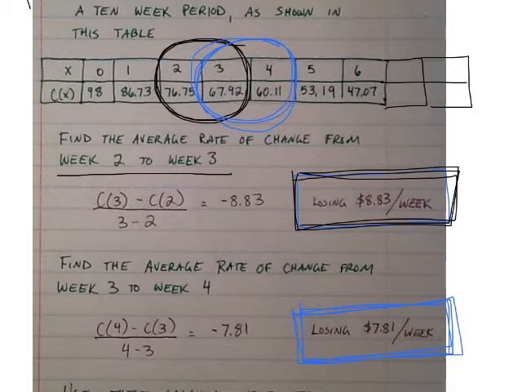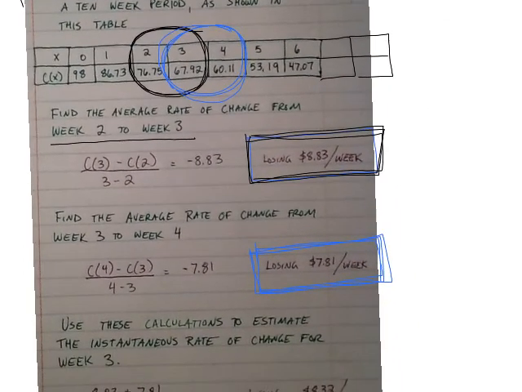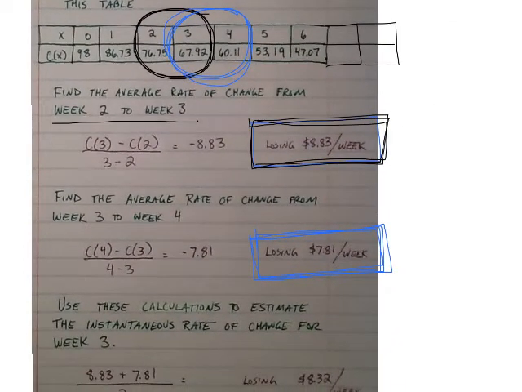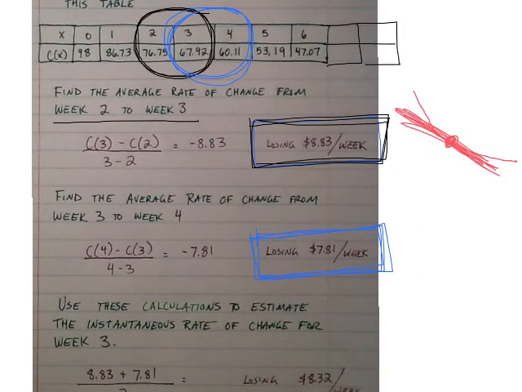Finally, the last question says, use these calculations to estimate the instantaneous rate of change for week 3. So we've shown that it's dropping over time, and we're going to look at exactly week 3 and find out the rate at which it's dropping for week 3. We can do that by taking the average of these two values.